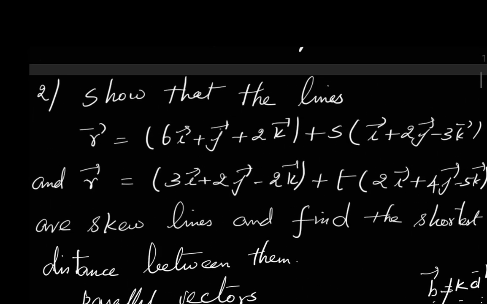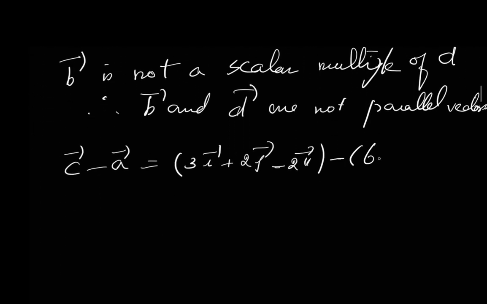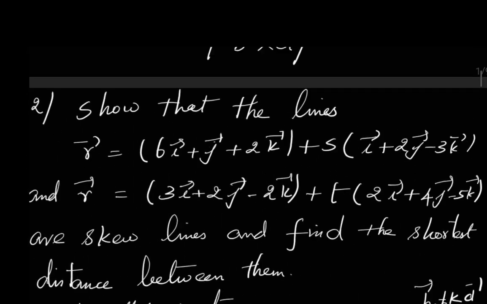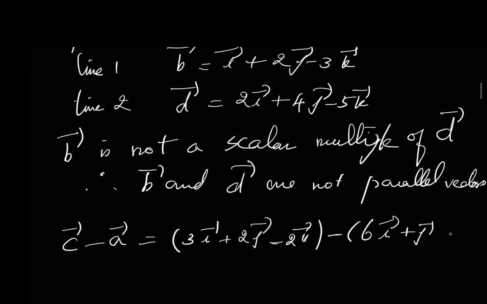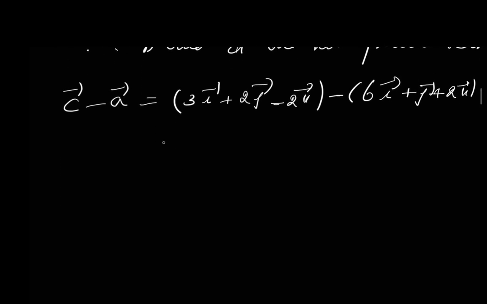Minus vector A, which is 6i plus j plus 2k. Just subtract: 3i minus 6i is minus 3i, 2j minus j is plus j, minus 2k minus 4k is minus 4k. This is vector C minus A.